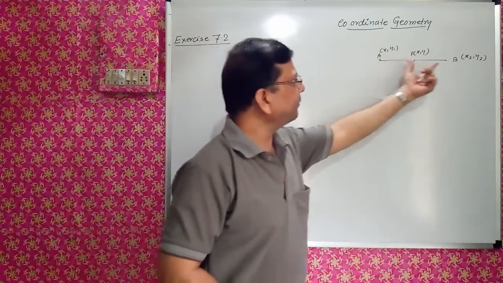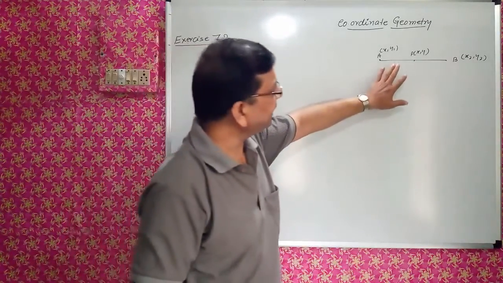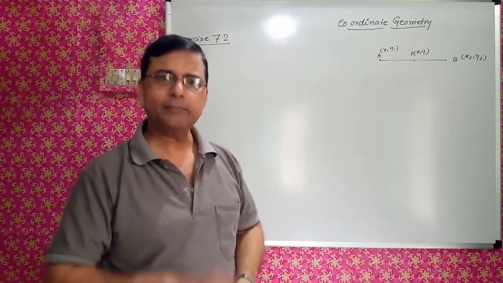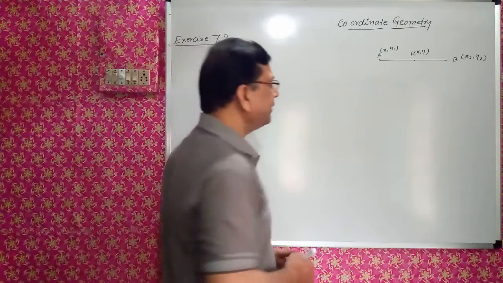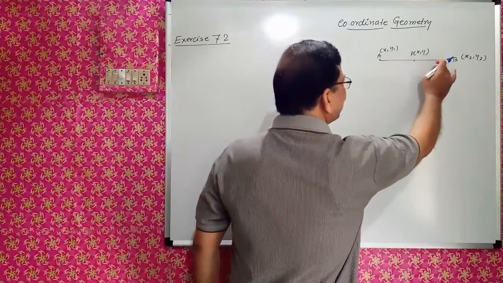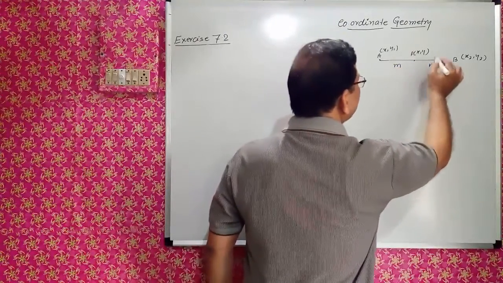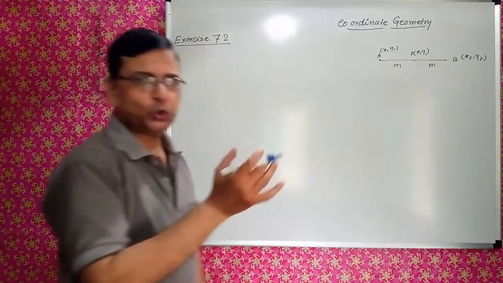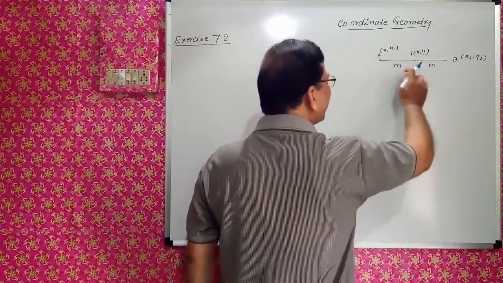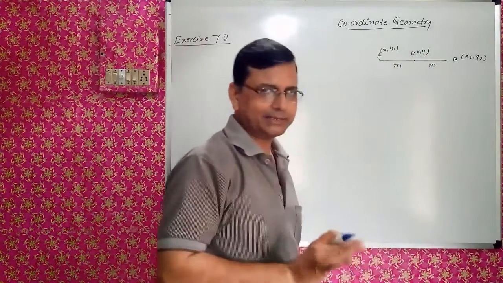So AP upon PB is equal to 1, means 1 by 1. So if it is the midpoint, this and this will be same. So suppose it is M, this will also be M. Equal ratio, right? Just for the sake of using formula, I have written M and M. Otherwise, 1:1 we can write very easily.